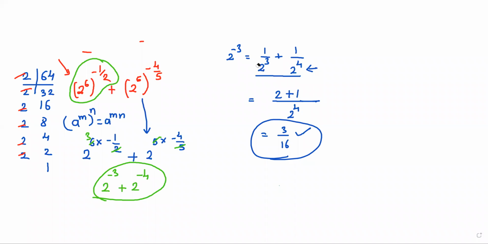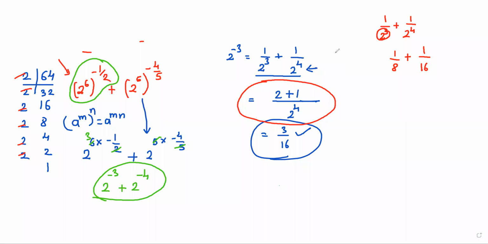Second last step. Okay, this step you are asking about, right? See what I'm going to do. 1 by 2 to the power of 3 plus 1 by 2 to the power of 4. This I got. Correct. So what is 2 to the power of 3? That is 8. And what is 2 to the power of 4? This is 16.